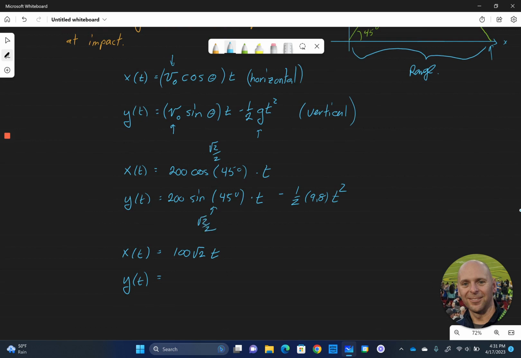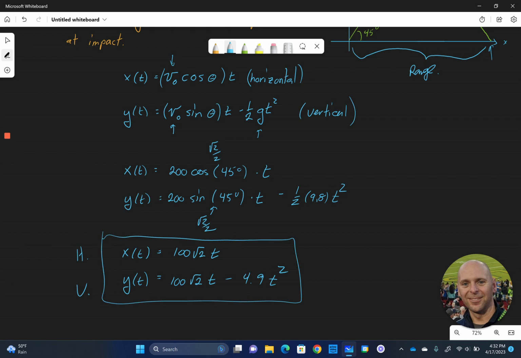So this is 100 root 2 t minus 1/2 times 9.8 t squared. Half of 9.8 is 4.9 t squared. So now we've got our horizontal and vertical pieces of our position function here.